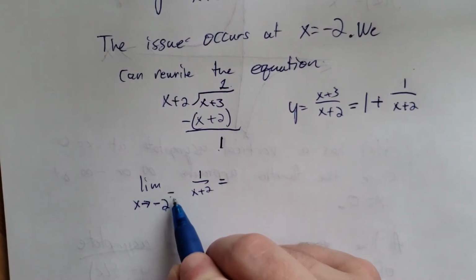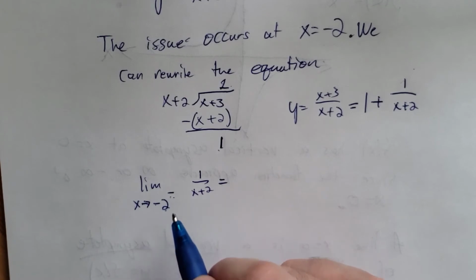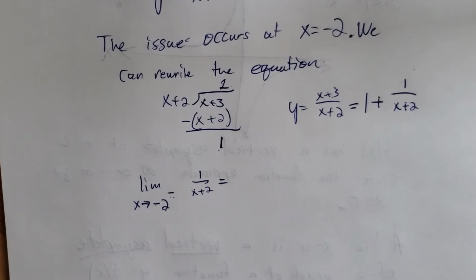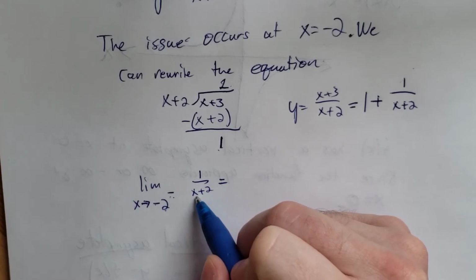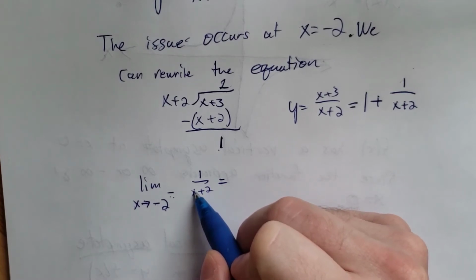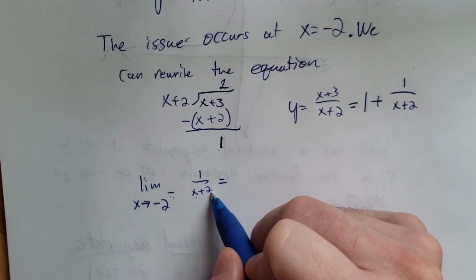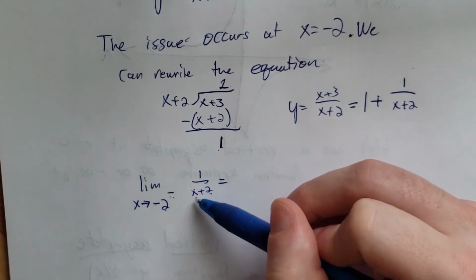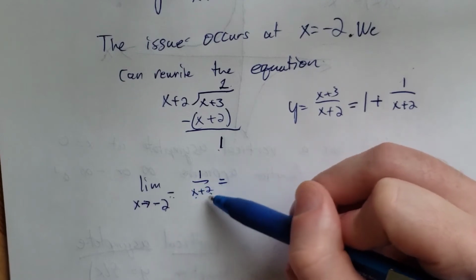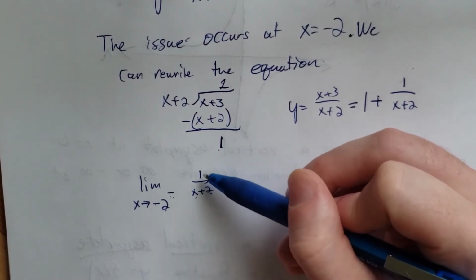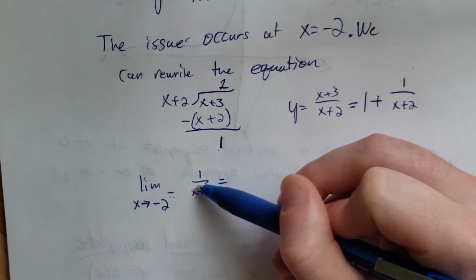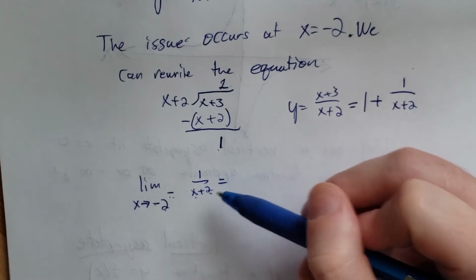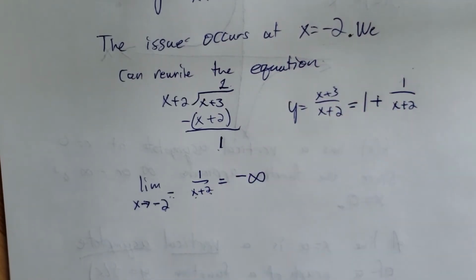If we approach -2 from the left, that means the values are like -2.001, -2.000001. But the main idea there is that those values are negative, and the absolute value of those is slightly bigger than 2. So something like -2.001 plus 2 gives us a really small negative value here. So we get 1, a constant, over something that is approaching 0 in the denominator, but from the negative side. So this goes towards -infinity.